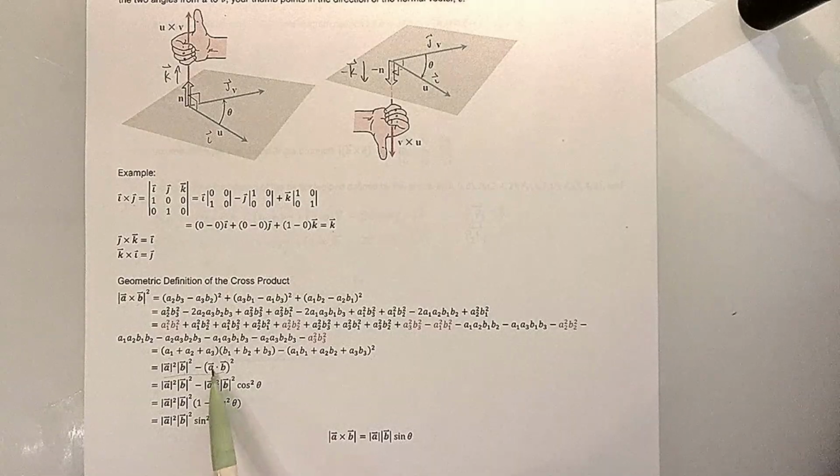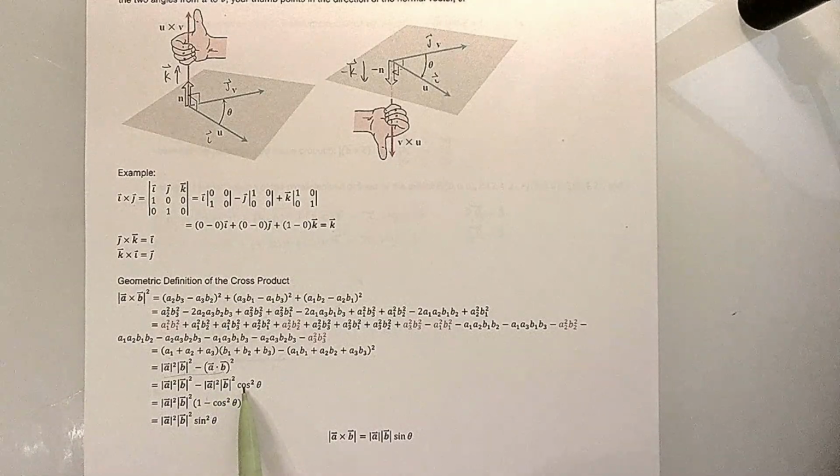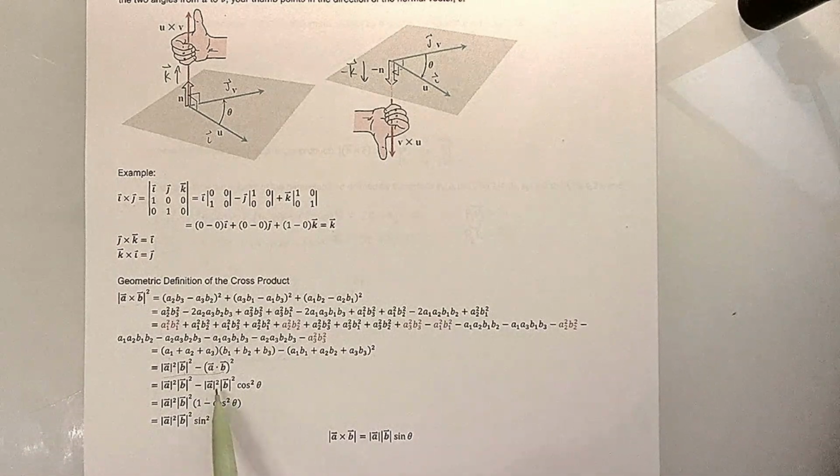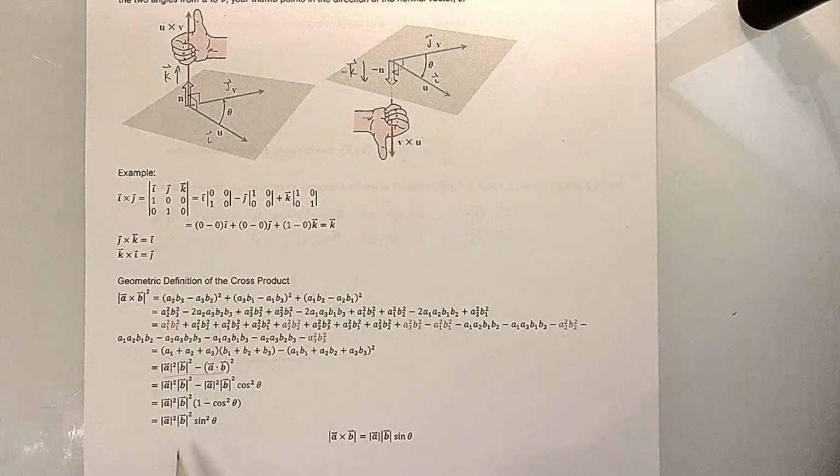Now the dot product of a and b is the magnitude of a, magnitude of b, cosine theta. We remember that from our dot product. If we're squaring that, we've got them each squared as well. If we factor these out, we get 1 minus cosine squared, which we know is sine squared.